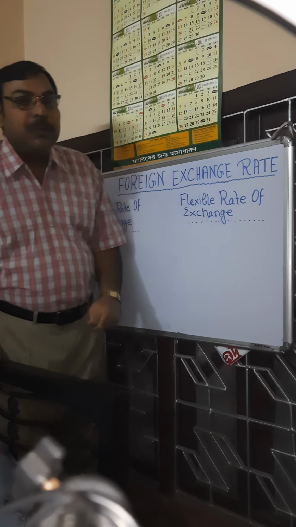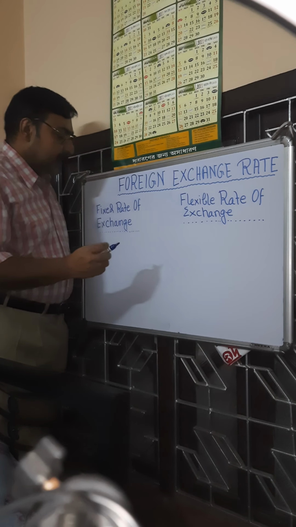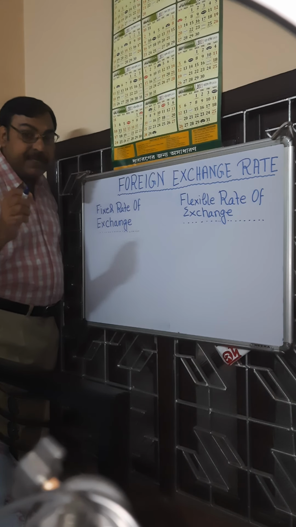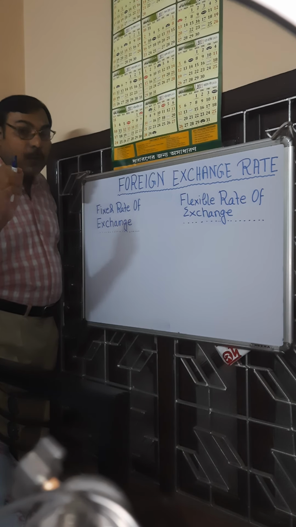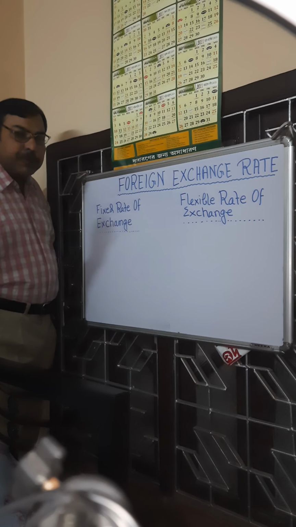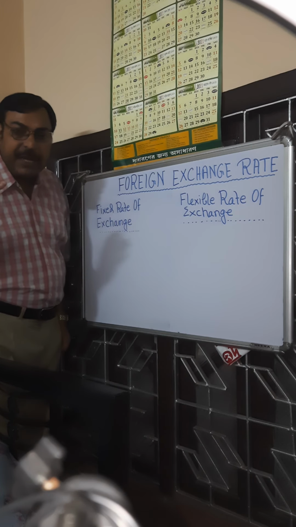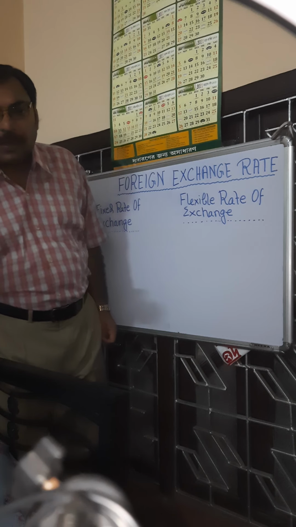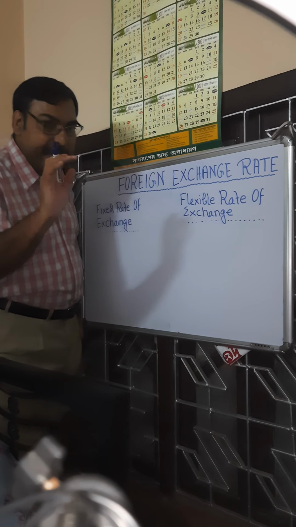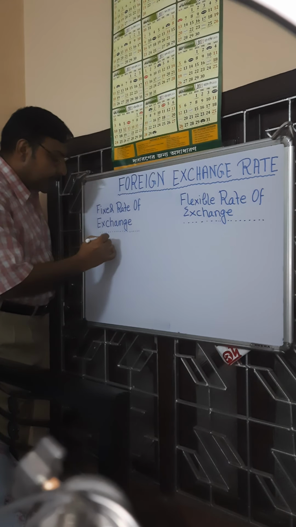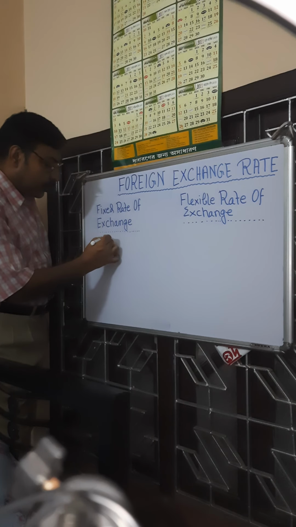Take an example to understand it better: how rate of exchange is fixed on the basis of gold standard. Suppose we are considering the exchange ratio between dollar and rupees.